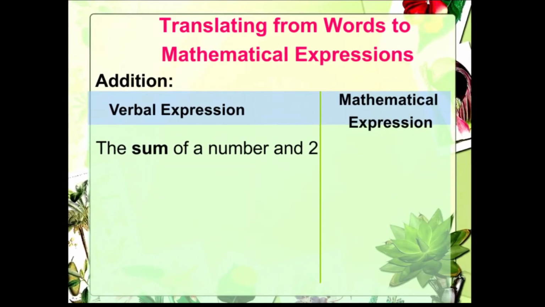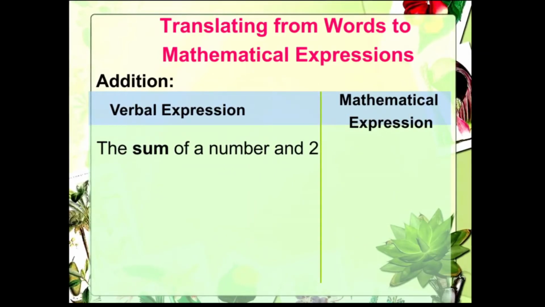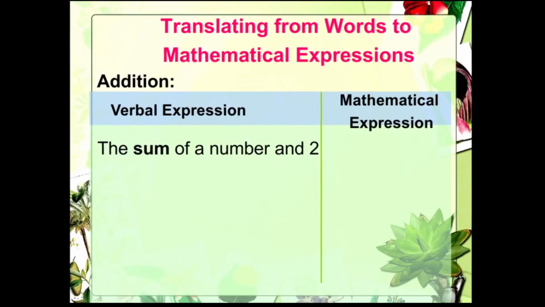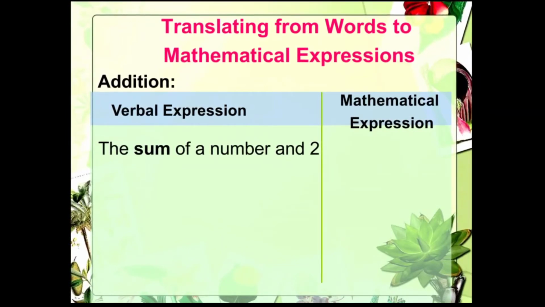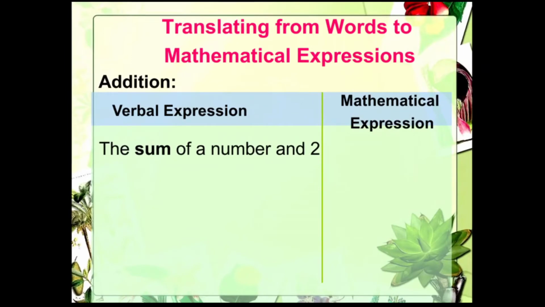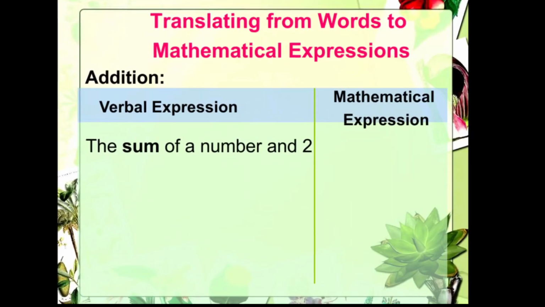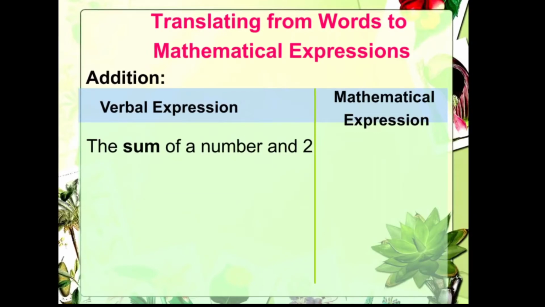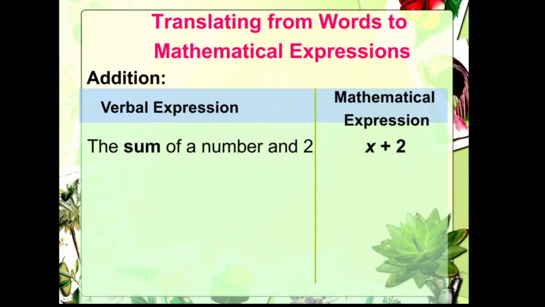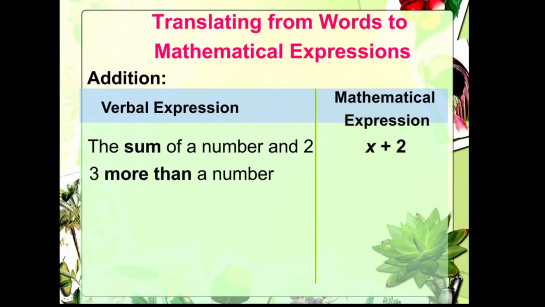In that case, we will use a letter to represent that missing number. So we add that letter and 2. Our answer for that is x plus 2. We use x as that missing number. Next, 3 more than a number.